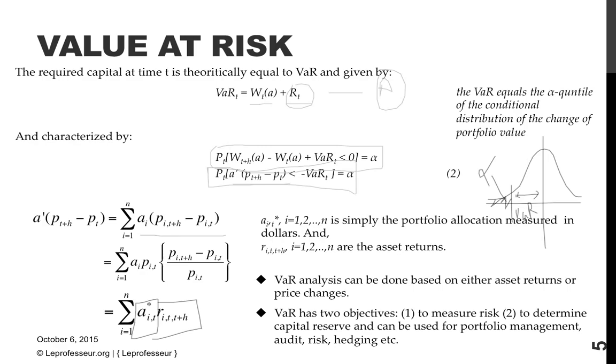Value at risk has two main objectives. One is to measure the risk, and second is to determine the capital reserve that can be used for portfolio management, audit, and risk hedging, right? So let's say, for example, you decide to open a margin account with a brokerage company, and you want to know how much value at risk you have each day, so that you can keep that much extra money in your account as a reserve, or maybe less or more depending on the margin account policy.